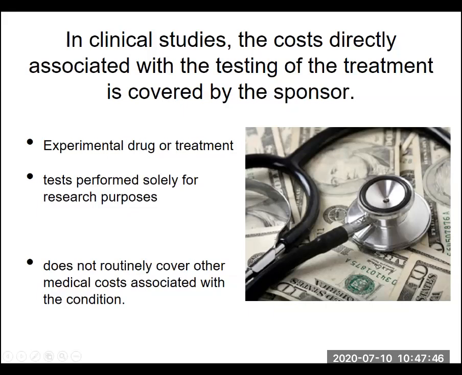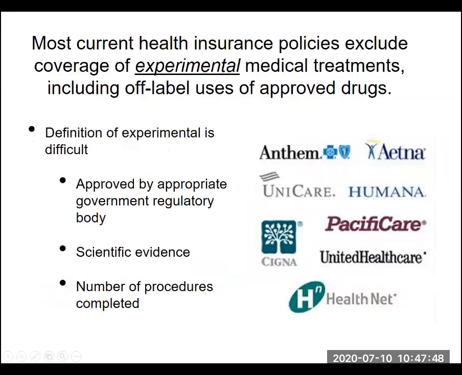Now, if we take a look at the other side, your current health insurance policy, and that may be Medicare and Medicaid, or your private insurance through your employer or through your family, or if you go into the Affordable Care Act clearinghouse, you can get insurance that way.